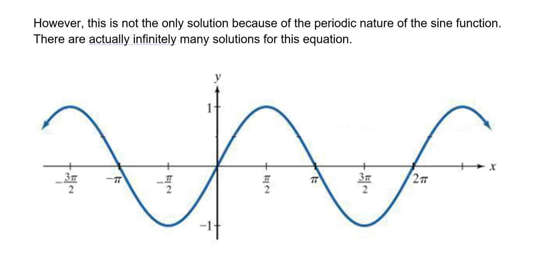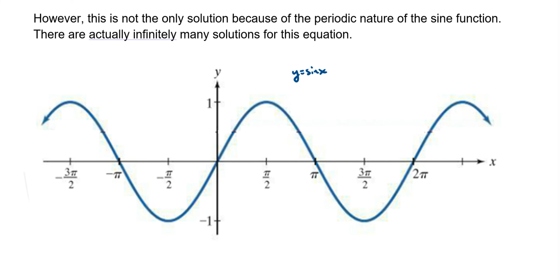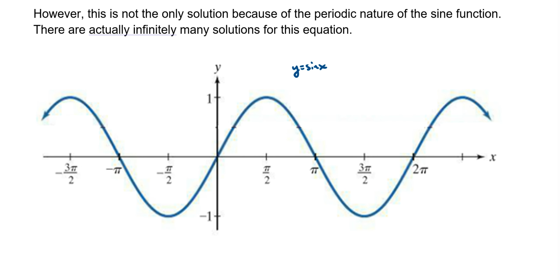So here's the graph of sine. When we're trying to solve sine of x equals 1/2, we're asking ourselves, what are the input values of sine that give us out this y value of 1/2? What are the x values that give us out this height of 1/2? The one that we just found is this one right here, which was pi over 6, but there's actually an infinite amount of other answers.